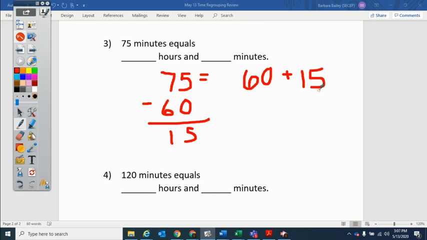So one more time, because jets were flying over, 75 minutes, I can change that into 60 minutes plus 15 minutes. Well, we know that 60 minutes, again, is equal to 1 hour. Okay, so 1 hour plus 15 more minutes.